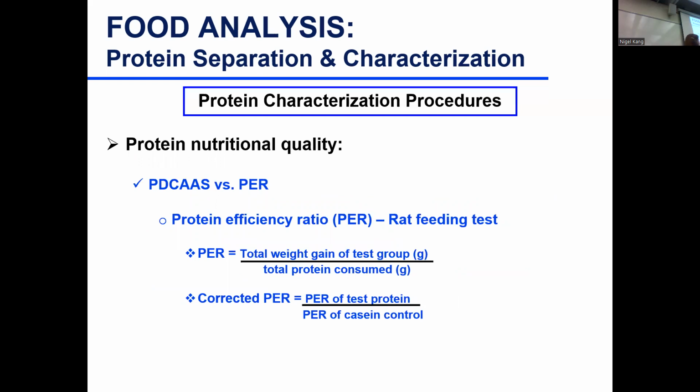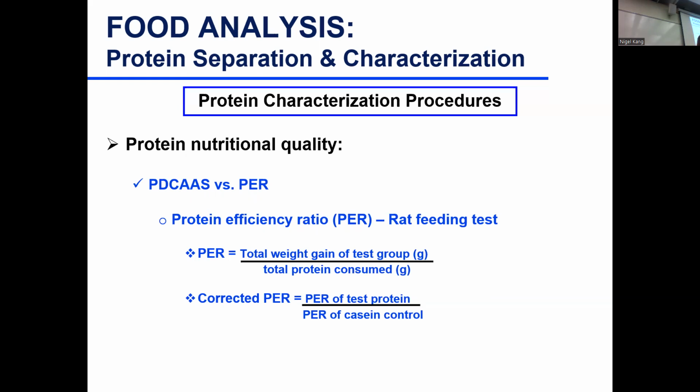But in protein efficiency ratio, again, we need to feed rats, again for like 27 or 28 days. So we can calculate based on total weight gain of the test group to total protein consumed, based on a graph.